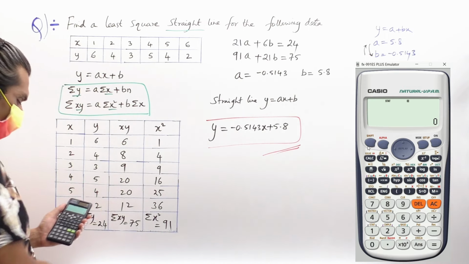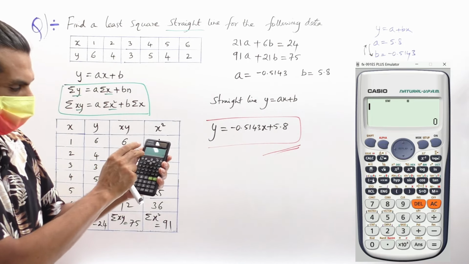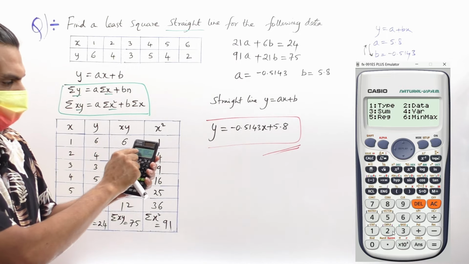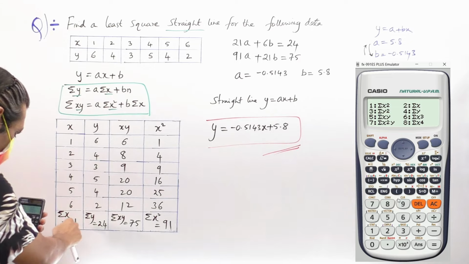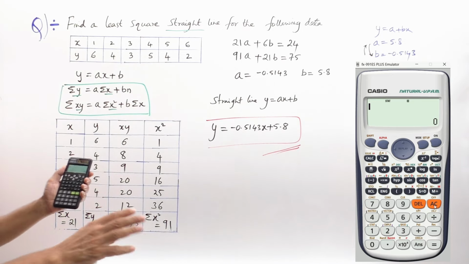Now to find the summation, the stats option is above the 1 key. Press Shift 1, it will ask type, data, sum; press sum 3. First we need sigma x, which is number 2, equals 21, correct.